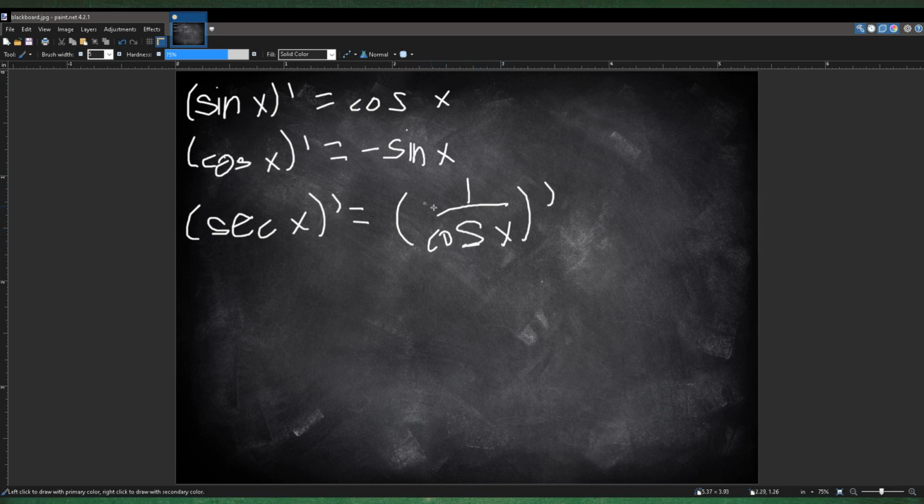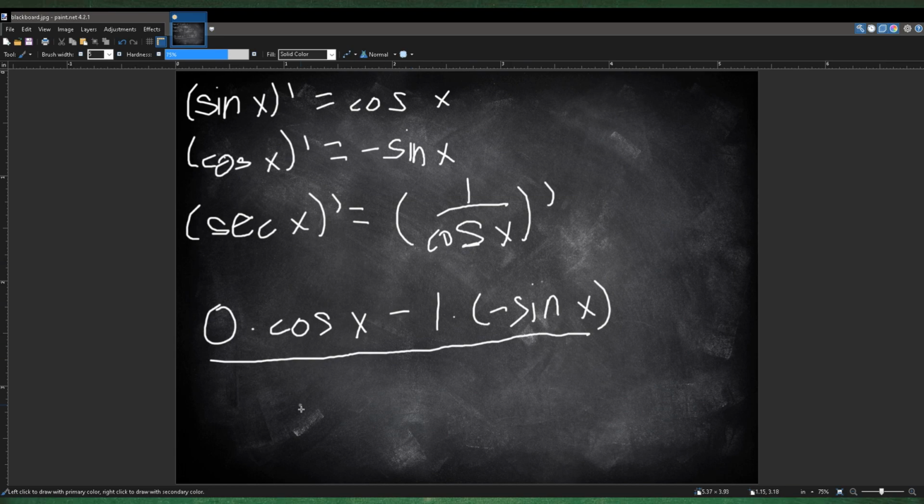Derivative, right? So the derivative of 1 is 0, times the original denominator, which is cosine of x, minus the numerator, which is 1, times the derivative of the denominator. The derivative of cosine of x is negative sine of x, all divided by the denominator squared, which is cosine of x squared.